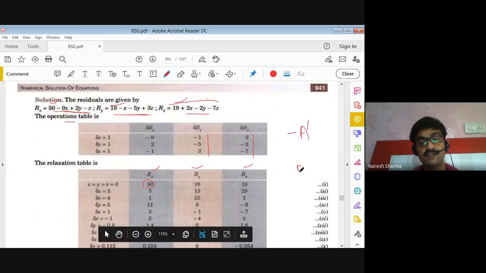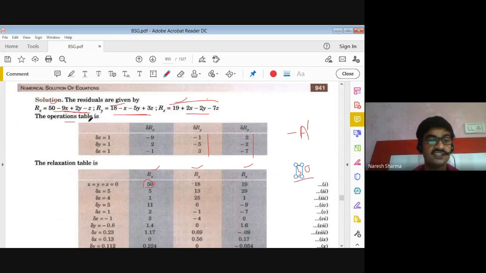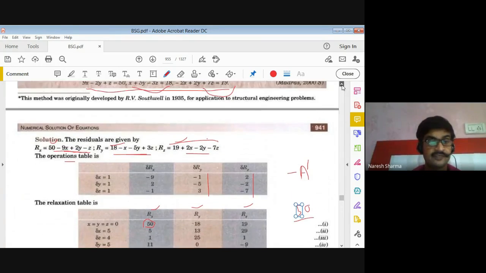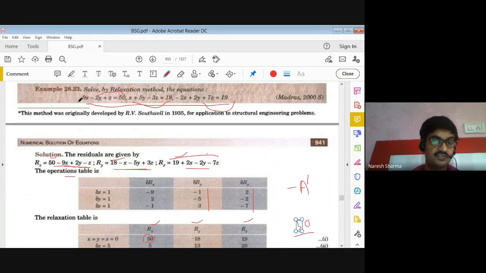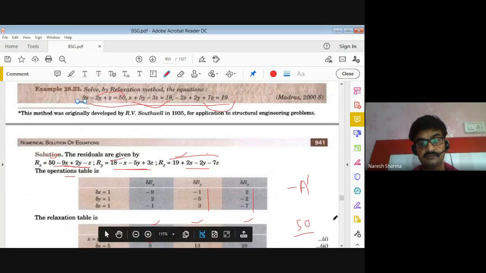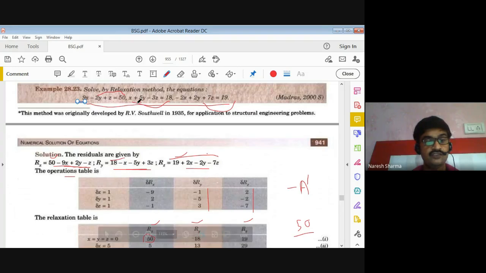So we increase this by 50 by a1, and a1 is here in the table. You see, a1 is 9, a2 is 5, B2 is 5 and C3 is 7.